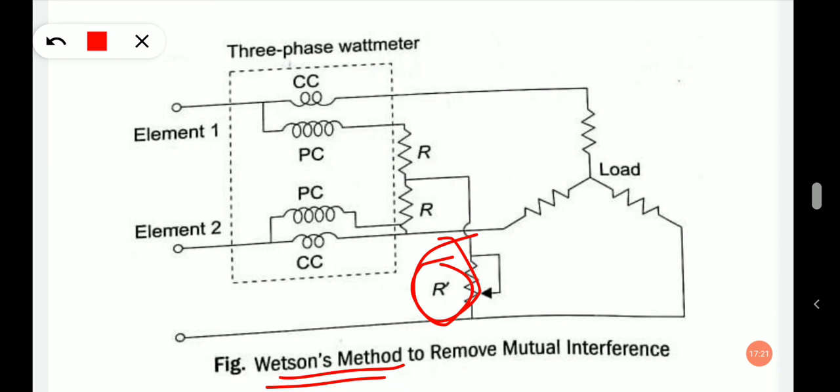So in this video, we have seen the numericals based on three-phase power measurement and regarding the three-phase wattmeter. In the numericals, we have seen the determination of power factor for the two wattmeter method, as well as the calculation of the reading of each wattmeter.